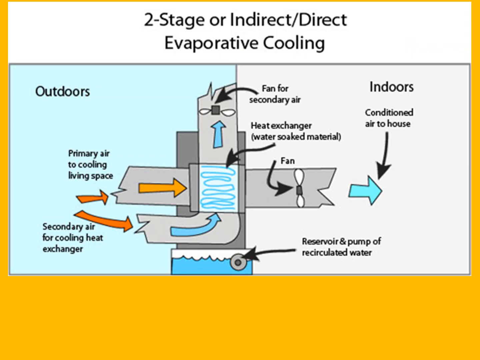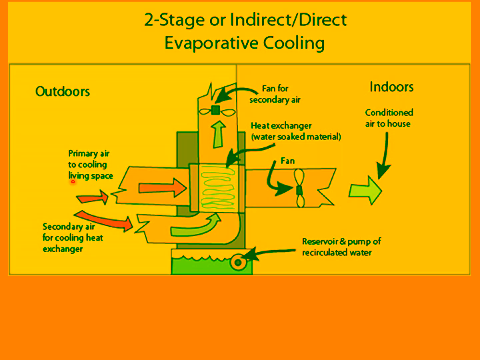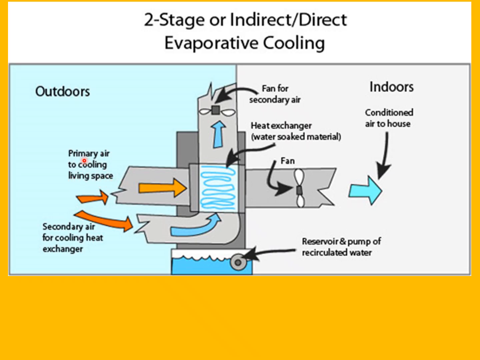Friends, this shows a two-stage indirect-direct evaporative cooling system. Second type. In this, primary air is like this and secondary air goes like this.